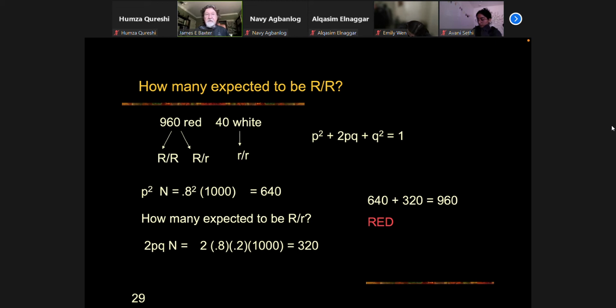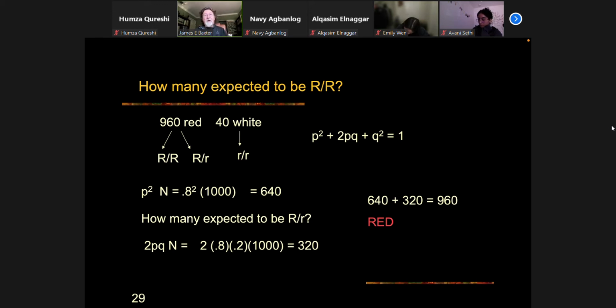Go back to the first formula, p plus q equals 1, and you can figure out what p is. Then go back to the binomial and take p squared times sample size to figure out how many individuals of the dominant phenotype happen to be homozygous dominant and so forth. And that is the approach you take.